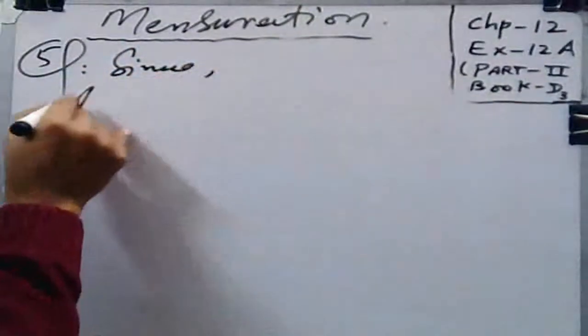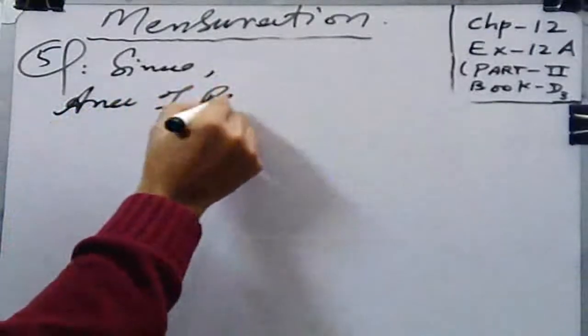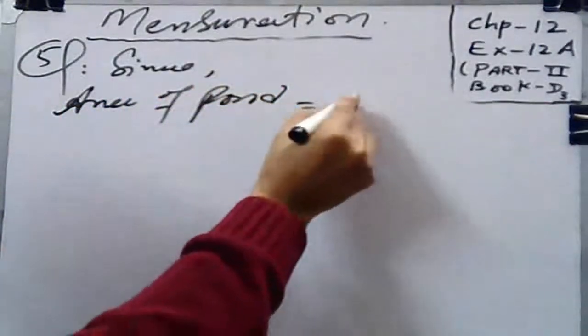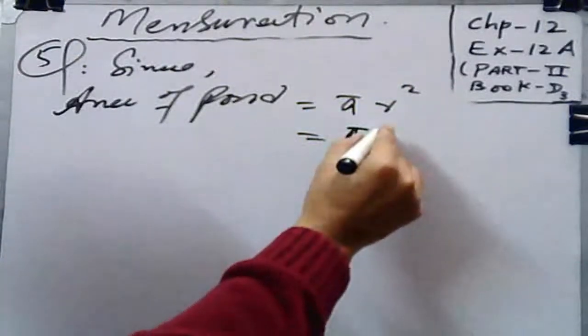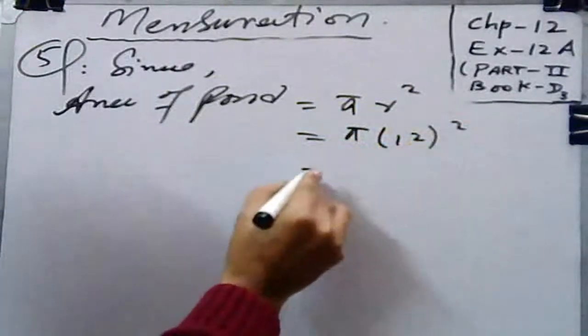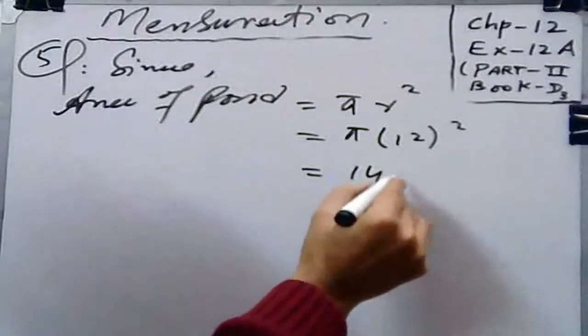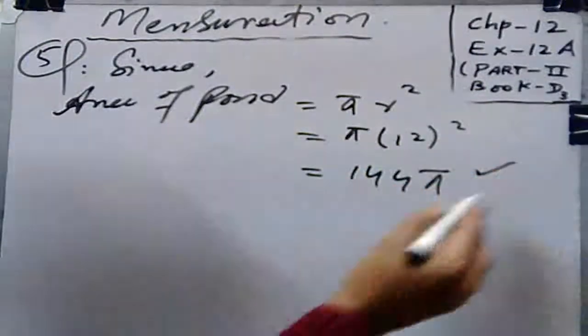The area of the pond is equal to pi r square. Putting the values, r is 12 square, so you will get 144 pi. So that is your area of the pond.